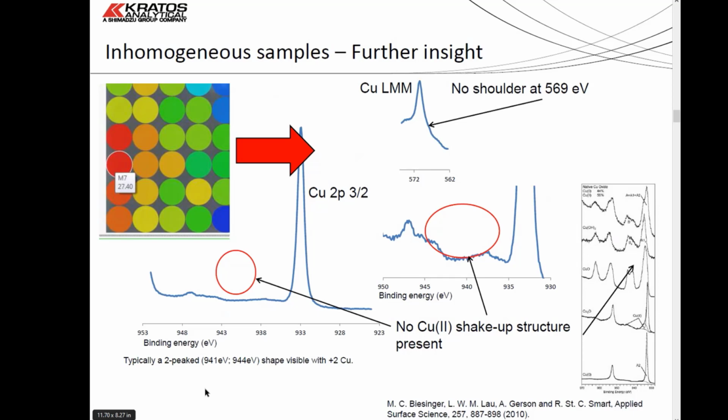So here we got the copper 2p peak. Because of the lack of the copper 2 shake-up feature, we could identify it as, what is it, Cu2O, and that was the answer that the customers were looking for in this project.